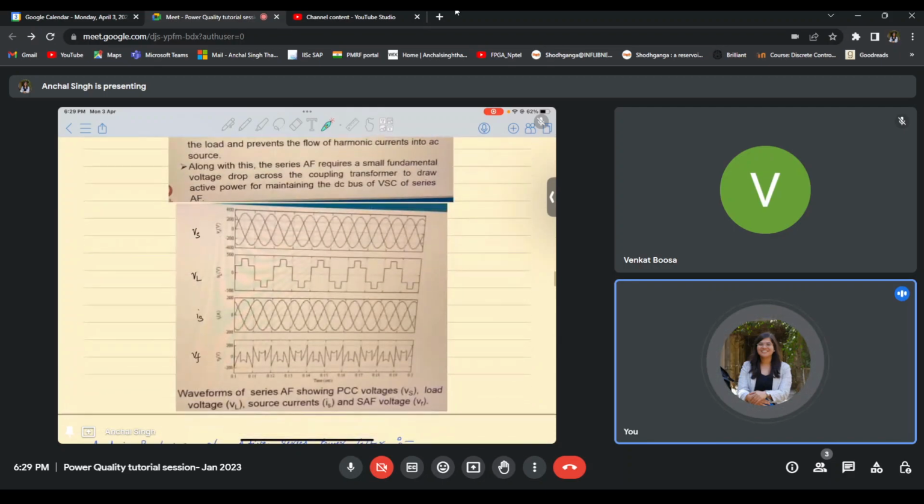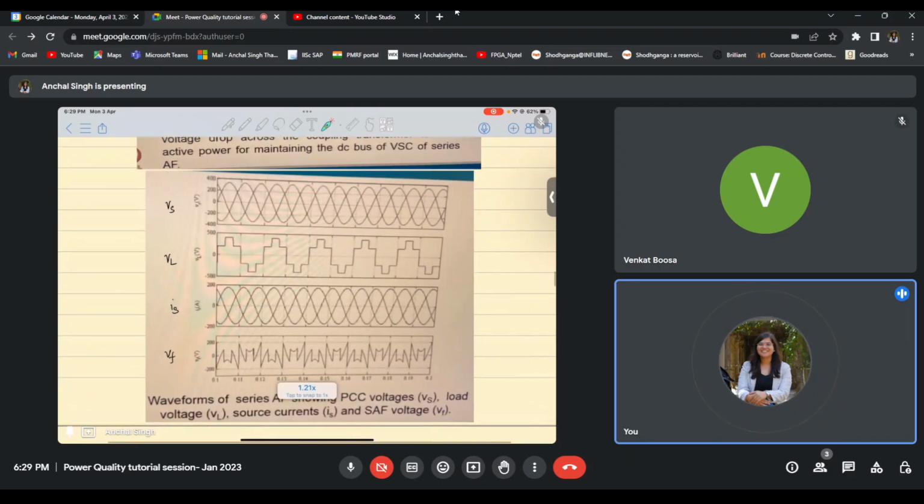So if you look at this system, the goal that we are trying to achieve using the active series filter is sinusoidal source currents. In order to make the current sinusoidal in nature and unity power factor corrected, we need to give these kind of load voltages. And in order to give these kind of load voltages, when source voltage is of this nature, we need to add something or subtract something.